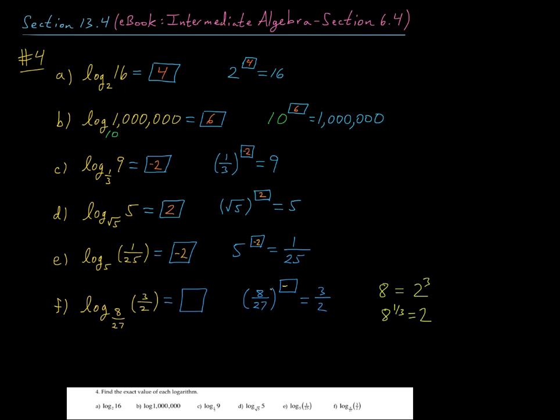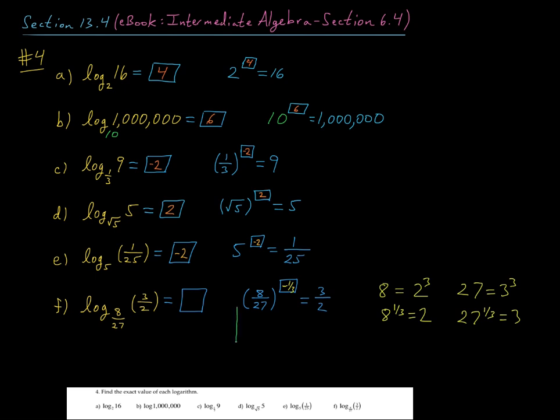So if I raise 8 to the 1/3, I'm going to get 2. And what about 27? Well, 27 is 3 cubed. So 27 to the 1/3 would be 3. So if I put a 1/3 up here, this should do the job.